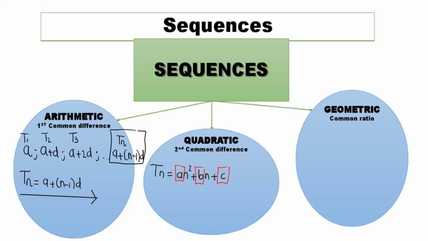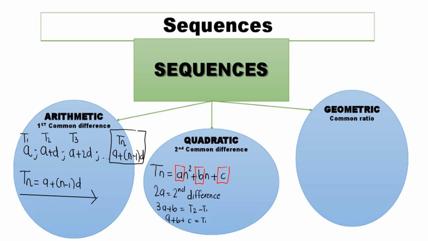To get the value of a in your quadratic sequence, you use 2a is equal to your second difference. Then you use 3a plus b is equal to T2 minus T1, so it's your term 2 minus your term 1. And you use a plus b plus c is equal to your term 1.